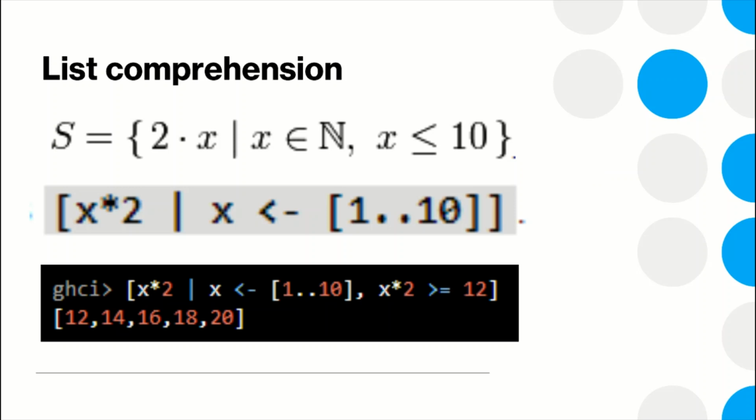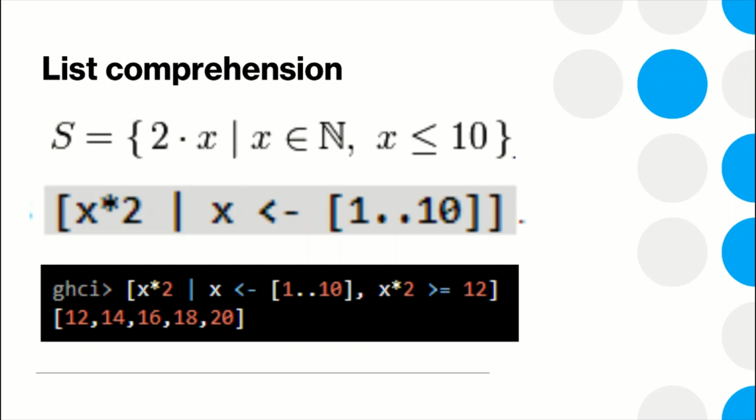So in this other example we have a predicate that is going to give us some limits to the list that is going to be returned.